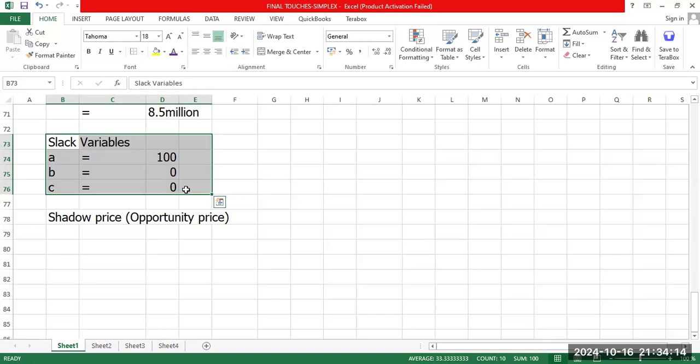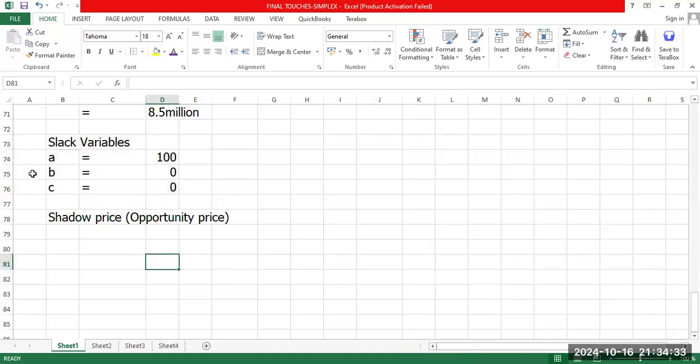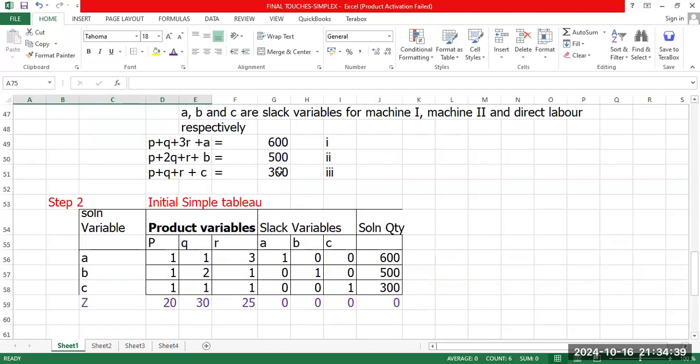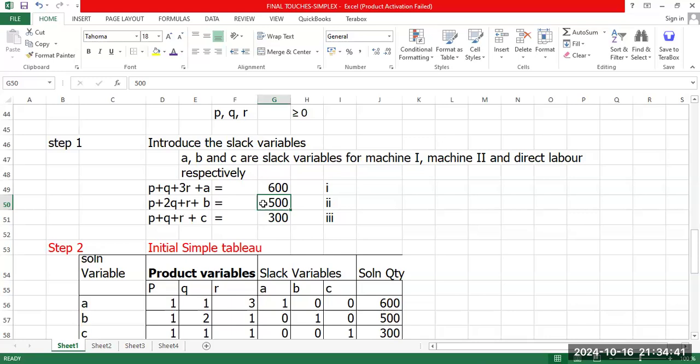Now, with the shadow price, we are trying to find out if the company can add one scarce resource, how much can they earn? Like now here, we are saying that they have utilized all the resources available. Out here it is 500, they fully utilized, 300, they fully utilized.